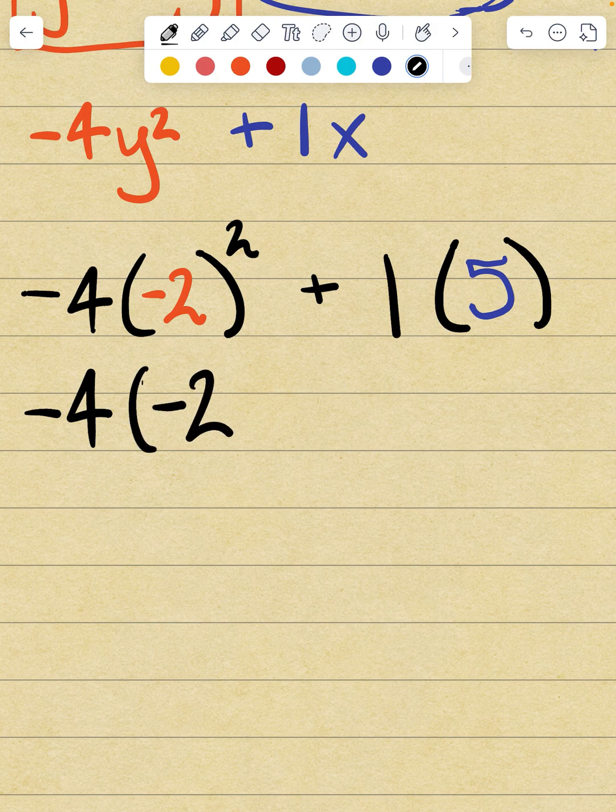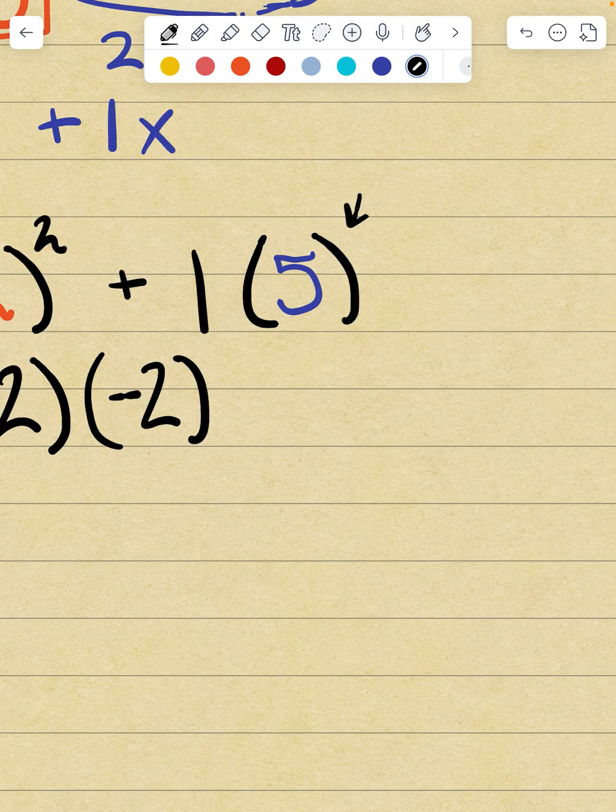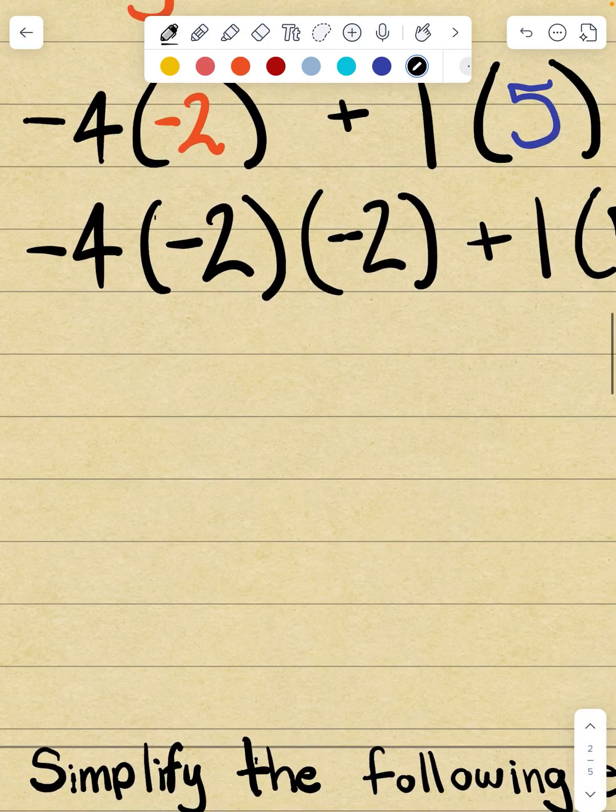So my base is -2, but I have an exponent of 2, so I need to write it twice, which means I need to multiply it twice. But here I have no exponent, so that just gets written once as 1 times 5. Then we're going to go ahead and multiply it. You guys have known that same signs are positive, different signs are negative.